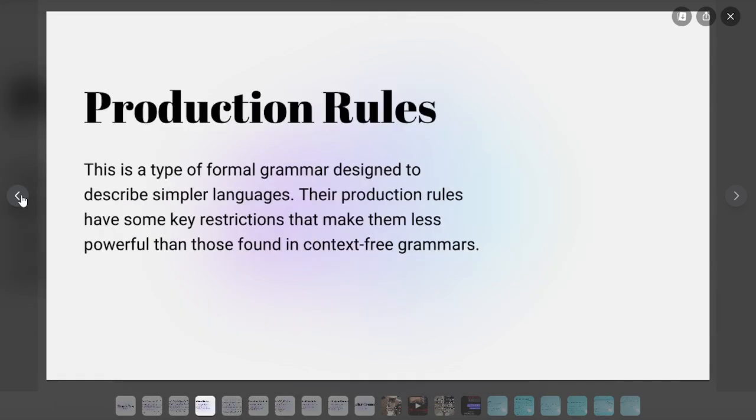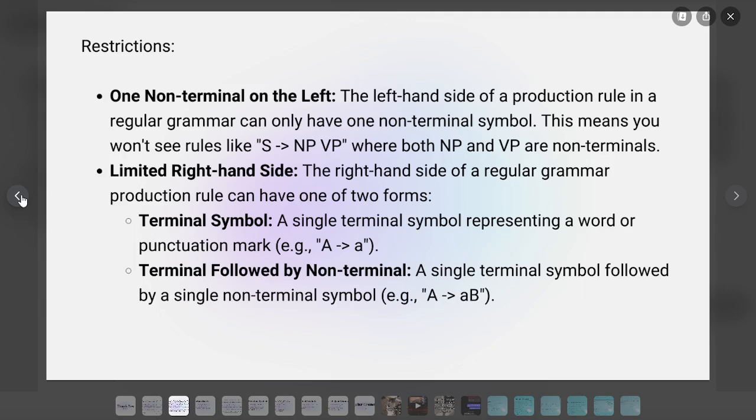Production rules. This is a type of formal grammar designed to describe simpler languages. Their production rules have some key restrictions that make them less powerful than those found in context-free grammars. Restrictions: one non-terminal on the left.